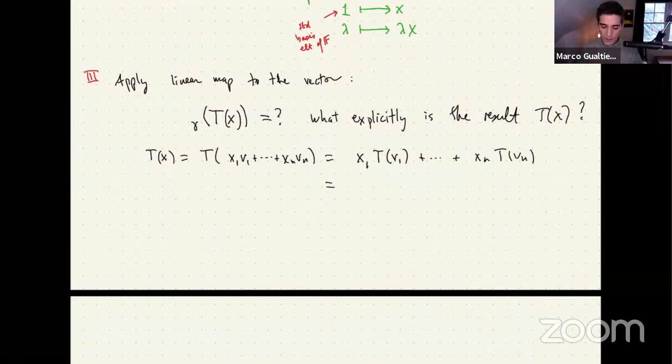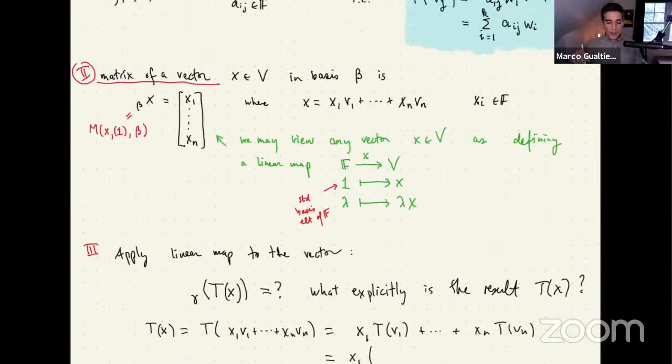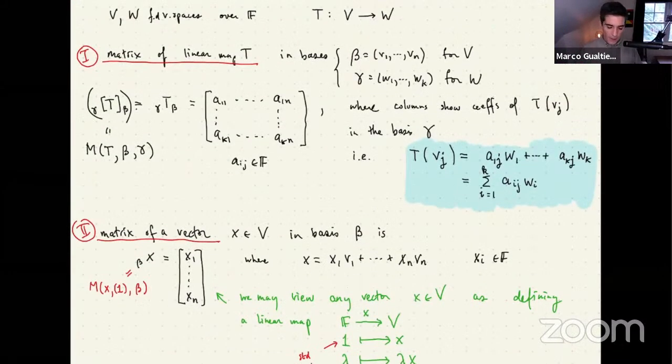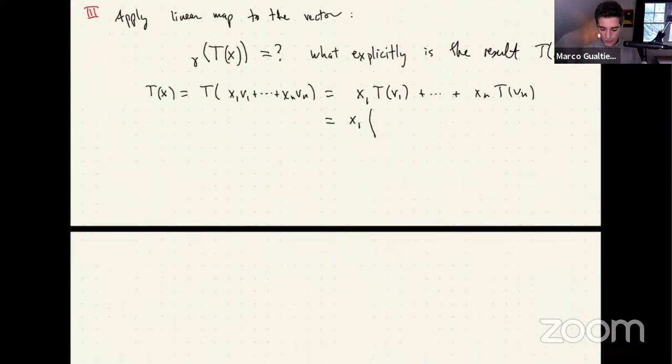Okay, what I know is that T of v1, what is it? Well, it's the first column of the matrix of T, right? It's A11 times W1, like this: A11 W1 plus all the way to AKJ WK.